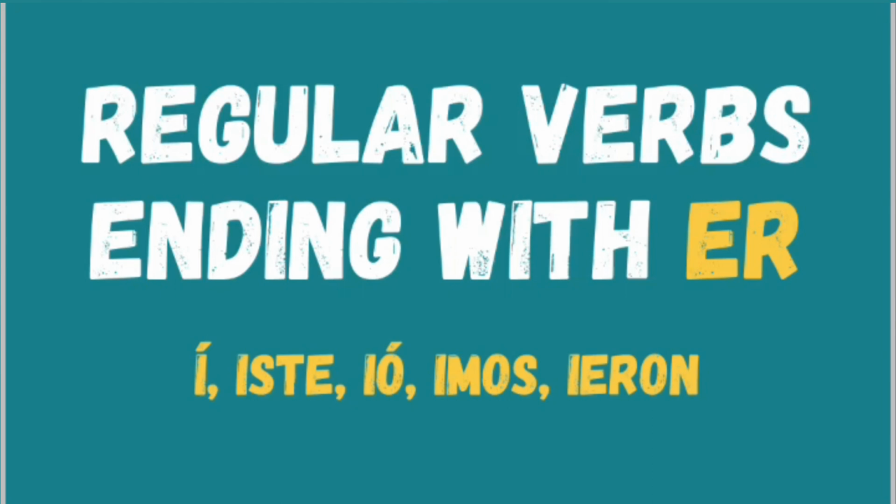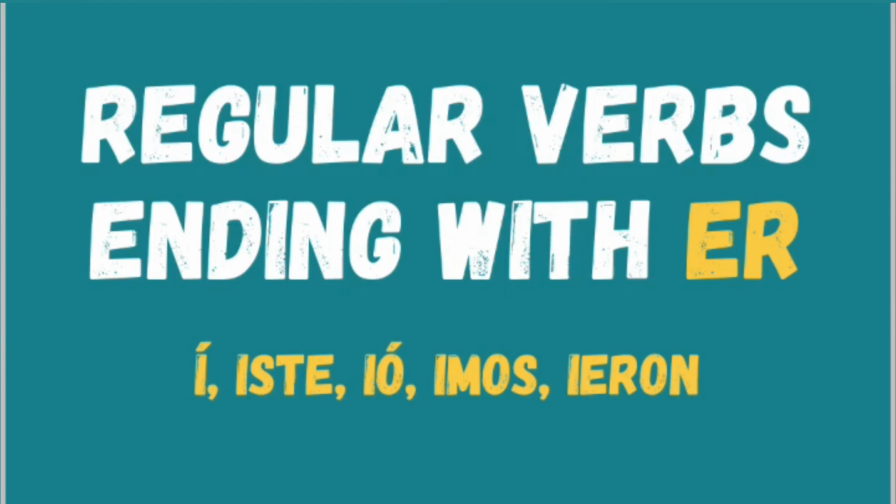So now let's see regular verbs ending with er, okay? So again, we have our personal pronoun, and then the root word, okay? And then the ending of our verb, okay? So here the rules are. If you have the personal pronoun I, which means yo in Spanish, if your regular verb is ending with er, okay, then the ending of your verb is going to end with letter I with an accent, okay?